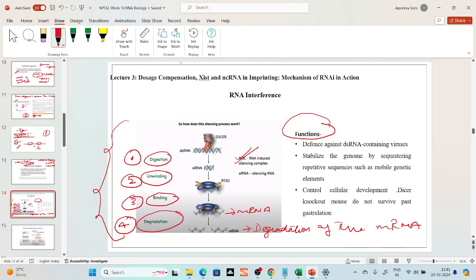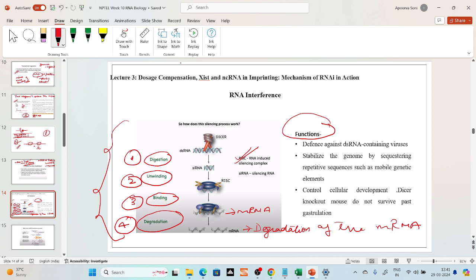Because this RNA interference acts as a defense against double-stranded RNA containing viruses. Suppose a cell is infected with a virus, some outside virus has infected the cell. Because our system has this RNA interference mechanism, our system will degrade the viral RNA.